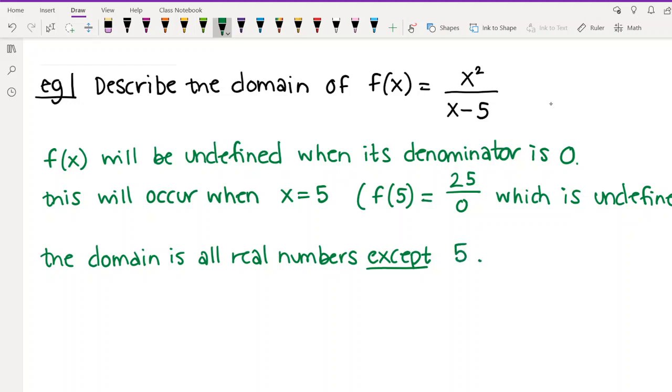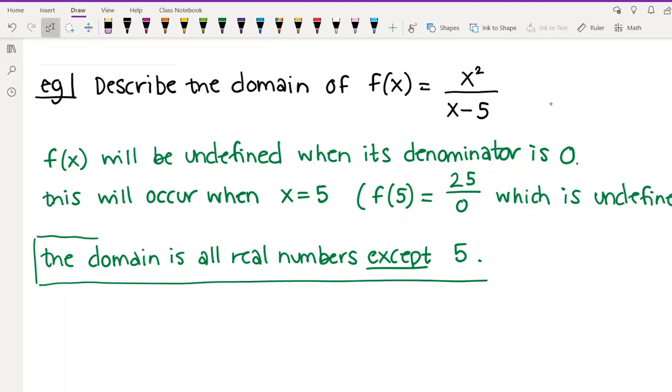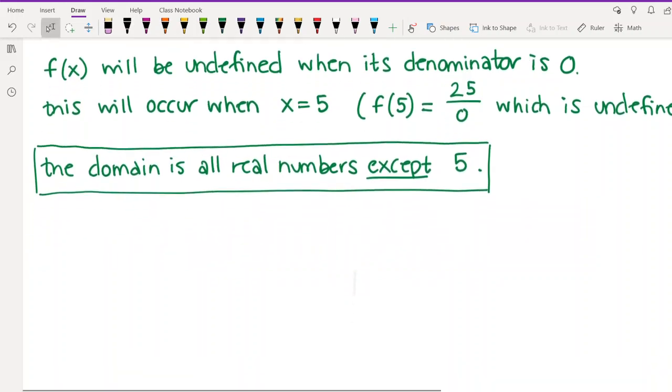That's the only number that's going to mess this up. You might think 0 could be an issue, but what happens if you plug in 0? Well, you would get a 0 in the numerator and -5 in the denominator. That's fine, that's just equal to 0. 0 divided by something is okay. The only thing we're looking out for is having the denominator equal to 0.